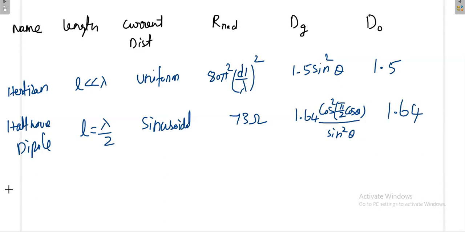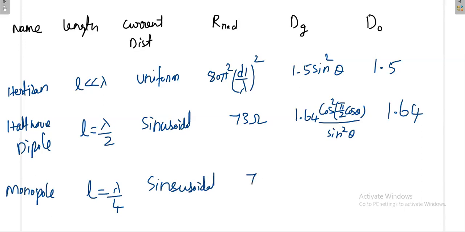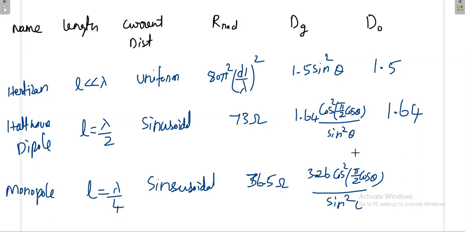Similarly, monopole antenna: length is equal to lambda by 4, sinusoidal, radiation resistance 36.5 ohm, and here 3.26 cos square of pi by 2 cos theta divided by sine square theta. Don't worry about this lengthy function, only remember the final value.